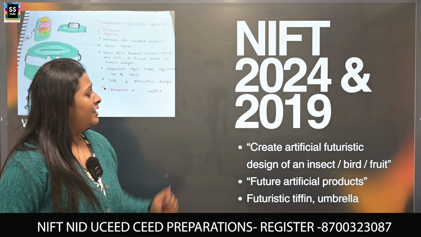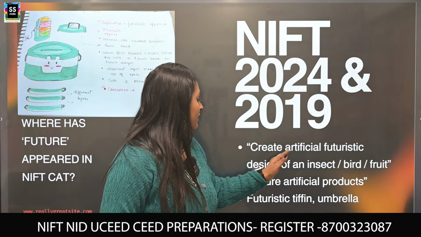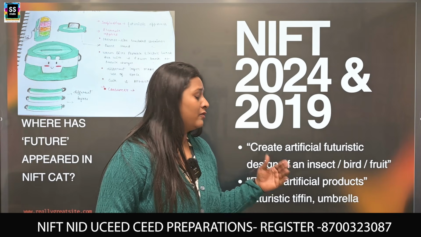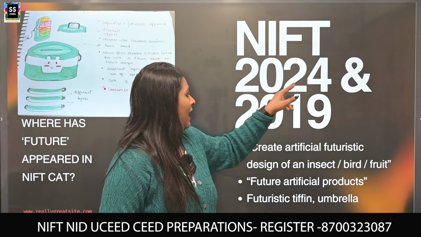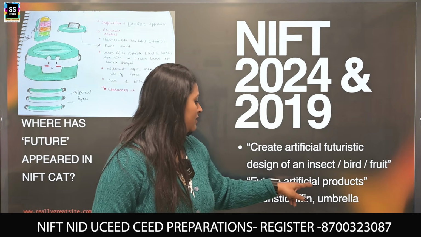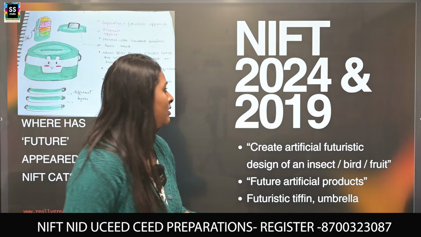In NIFT 2024 and 2019, the questions were: create an artificial futuristic design of an insect, bird or fruit. That was asked in 2024, and in 2019 it was a futuristic tiffin or umbrella, and there was one more option, I don't remember.